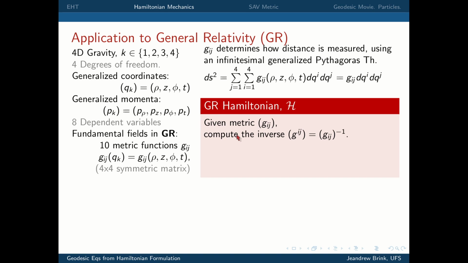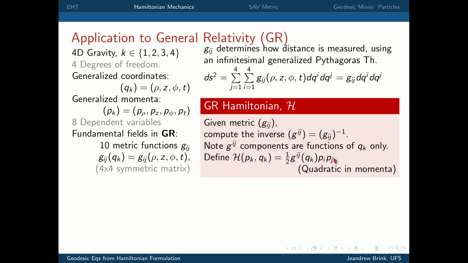We then compute the inverse of this metric, and we define it to be g^ij with upper indexes. In other words, we simply take the inverse of this matrix g_ij over there and then make a new one. And then we use that one, the g upper components, that are functions of our generalized coordinates only, and we construct the Hamiltonian to be p_k q̇^k equals a half the upper index metric times p_i p_j.